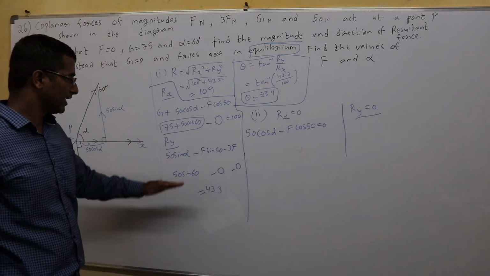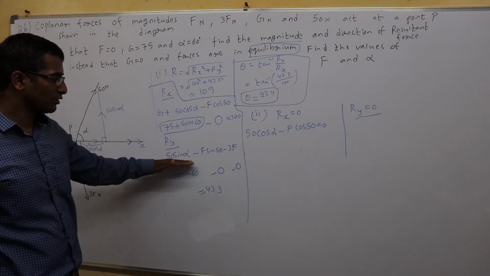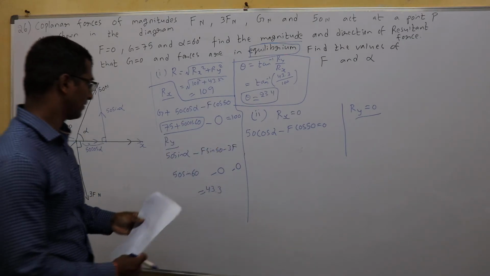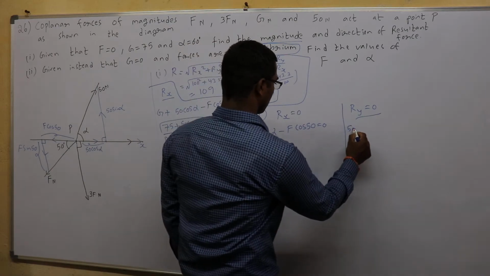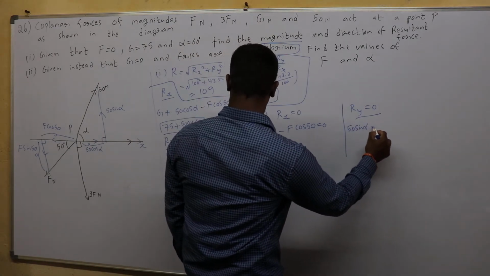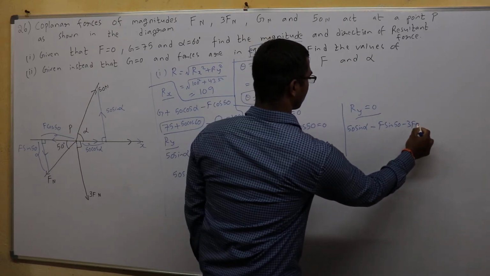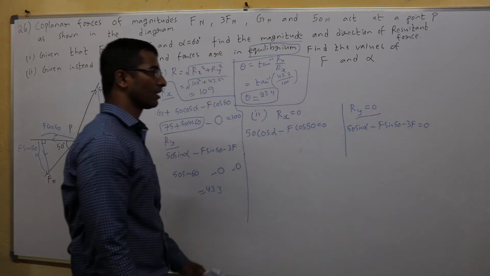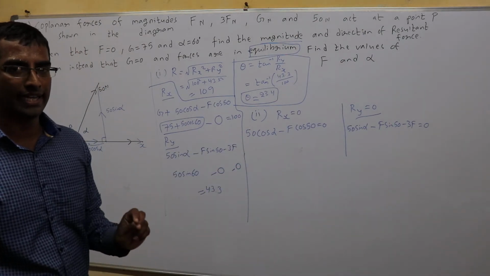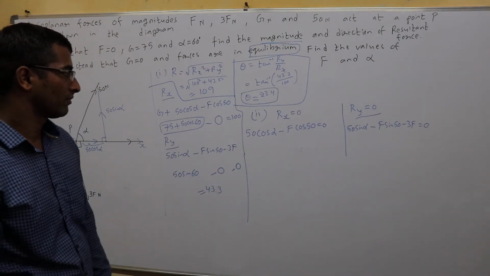Same thing with Ry. Anyhow, I don't have G, so the entire thing will come in Ry. So it is 50 sin alpha minus F sin 50 minus 3F equal to 0. Now using these two, I need to find F and alpha.